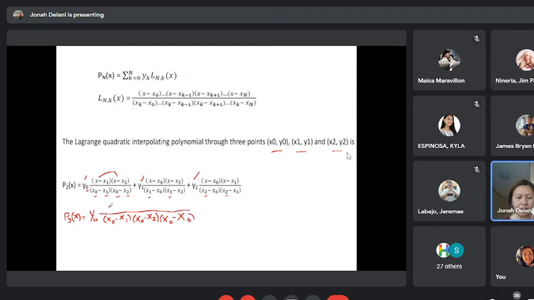The numerator: x minus x1, x minus x2, x minus x3, right?